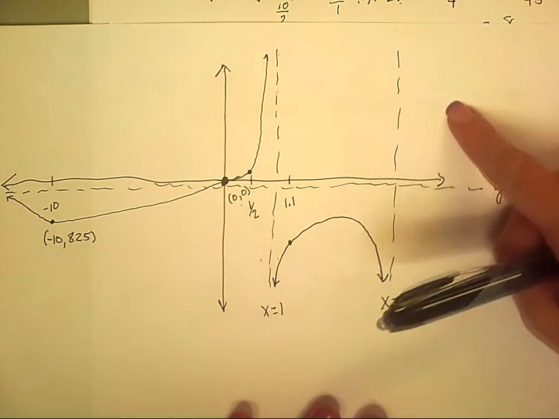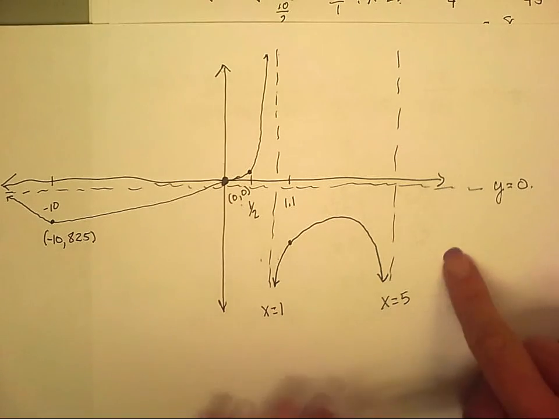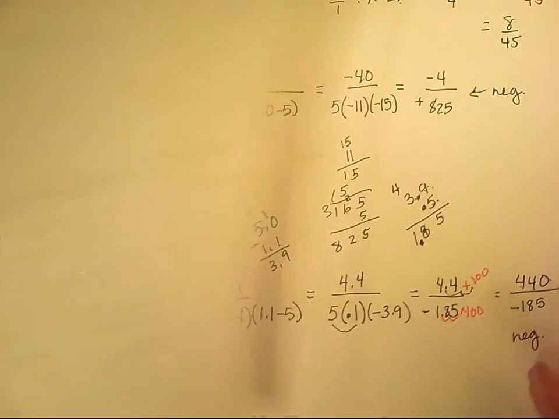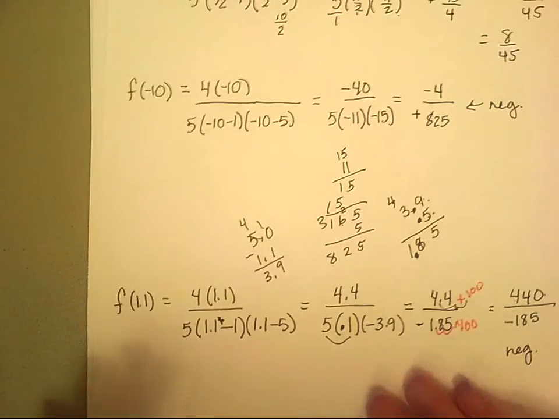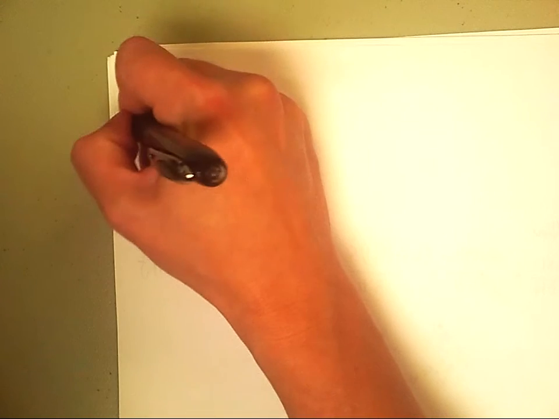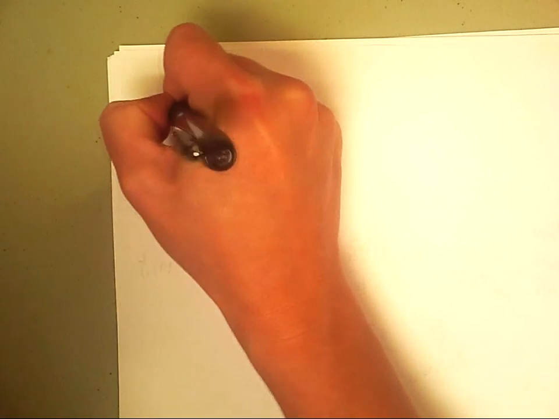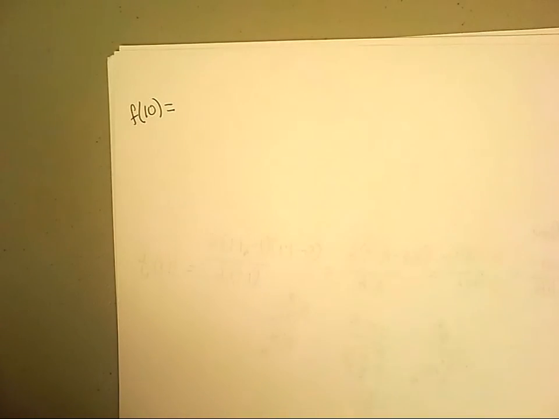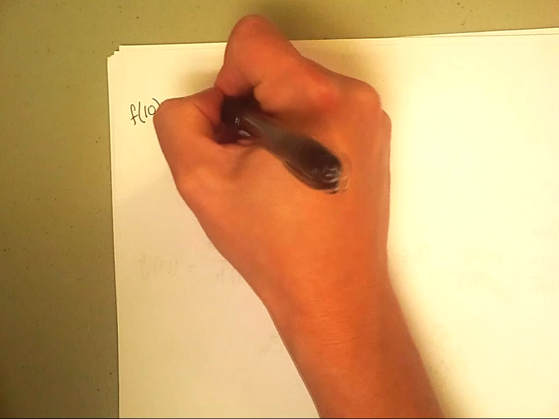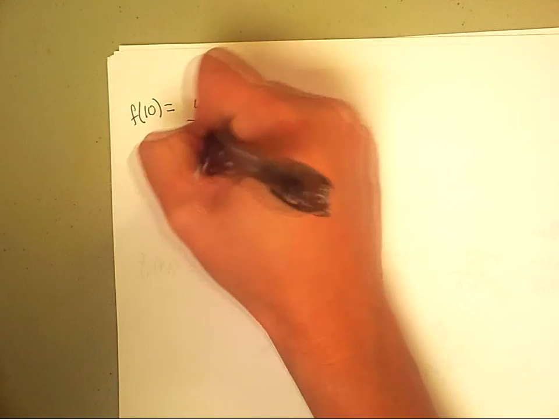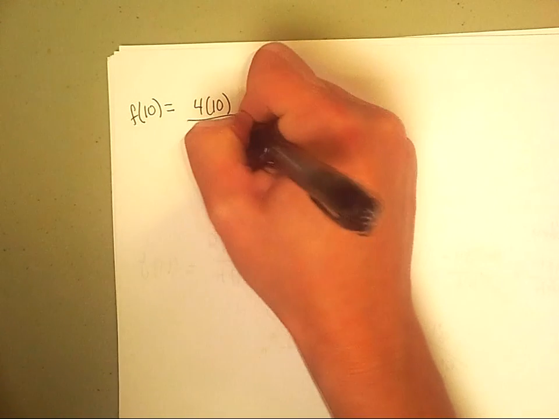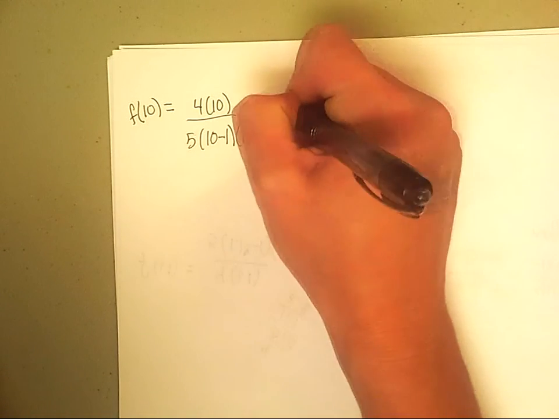So now we just have one more area to check: what's happening outside to the right of 5. Let's see what we can find out there. Let's pick 10. So we have 4 times 10 over 5 times 10 minus 1 times 10 minus 5.